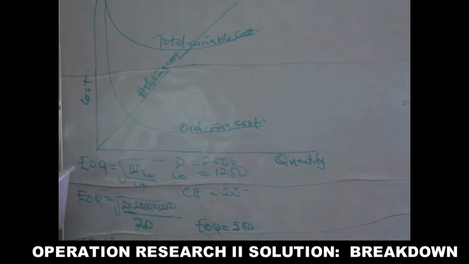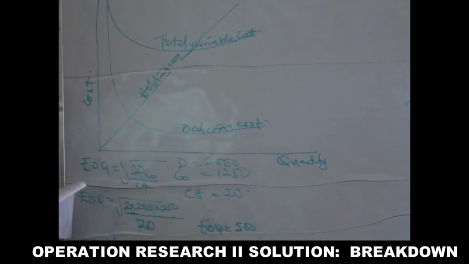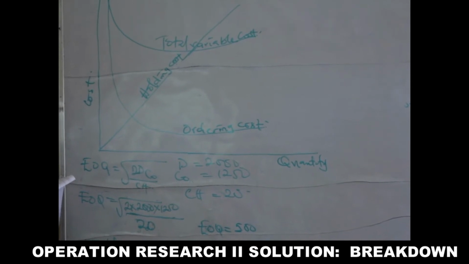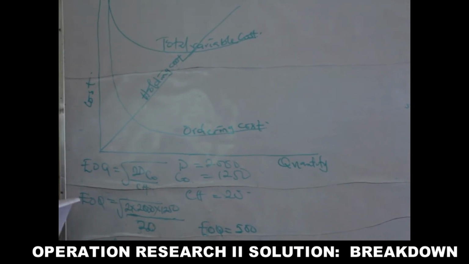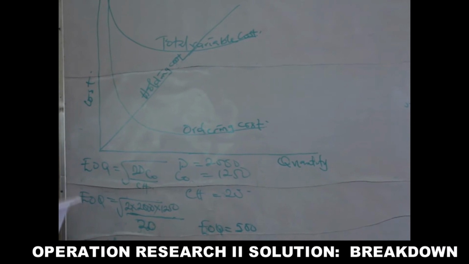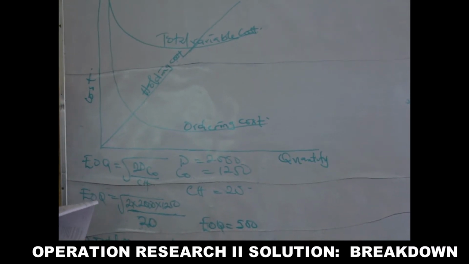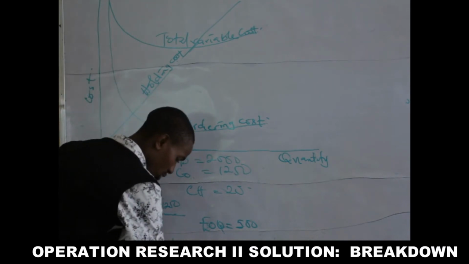We are noting our EOQ to be 500. So from your table, you are able to trace the total minimum variable cost, which is the total ordering cost, 5,000, plus the total holding cost, 5,000, which will give us 10,000.